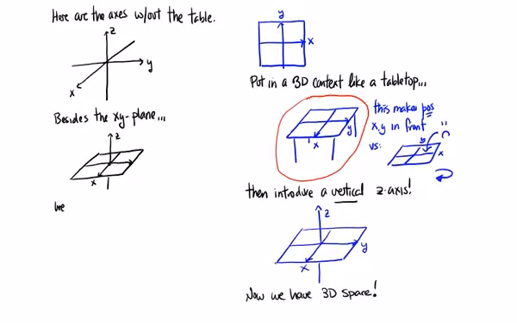We also have the xz plane. So the xz plane contains the x-axis and the z-axis. There is our x-axis coming forward and our z-axis going up, and the y-axis goes to the right.